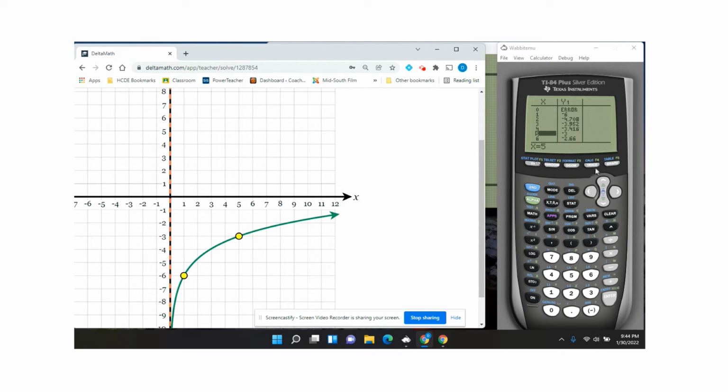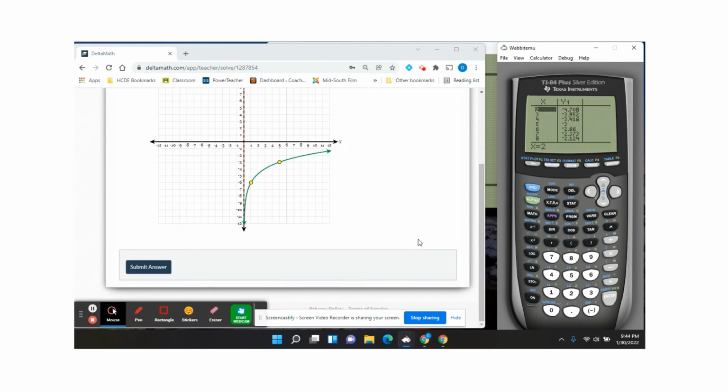And then I'm set. I'm going to just take another peek though, to make sure that my graph actually looks like what we see there. So these are the points we have, and we should be good with this bit of information.